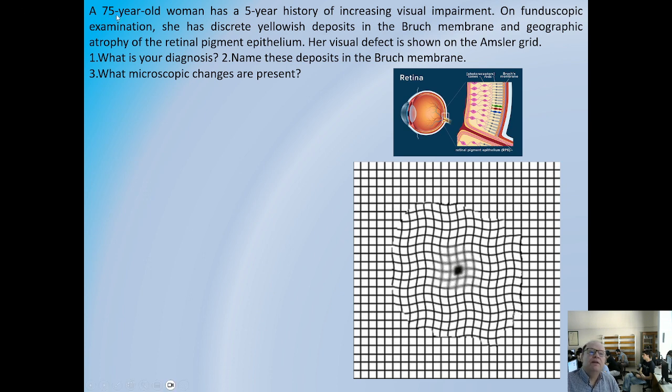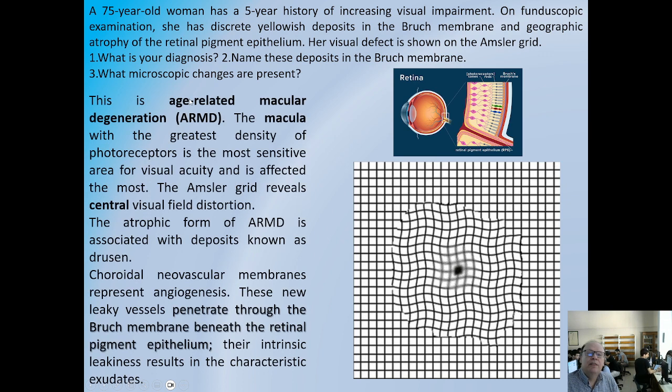A 75-year-old woman, a 5-year history of increasing visual impairment, and what do you see when you look at the fundus of the eye? Discrete yellowish deposits in this membrane, the Bruch's membrane, and geographic atrophy of the retinal pigment epithelium. And you can see here which part is affected. This is age-related macular degeneration.